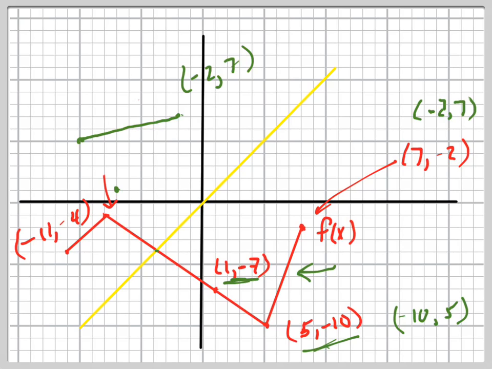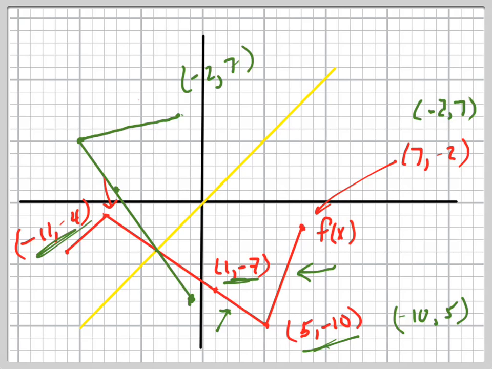So negative 1 comma negative 8 is going to be right here. At that point, I'm going to draw a line through. Let's do it with this line right here. See how that's a reflection of this line segment right there?